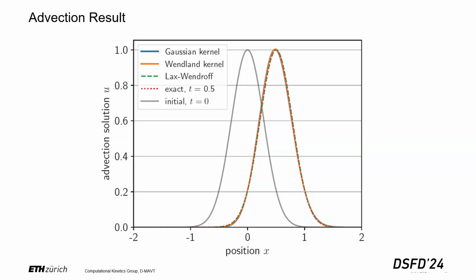And for comparison, I also calculated the classical solution using Lax-Wendroff. That's shown as the dashed green line. Again, it's superimposed with the other graphs. And the exact solution is the red dotted line. So you can see that the quantum solution, classical solution, and exact solution are in really good agreement.